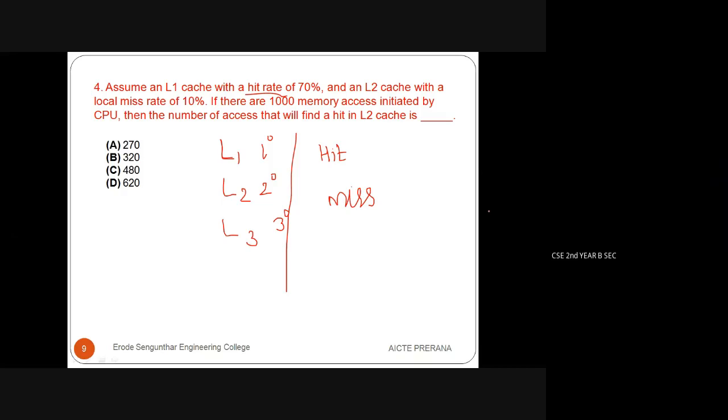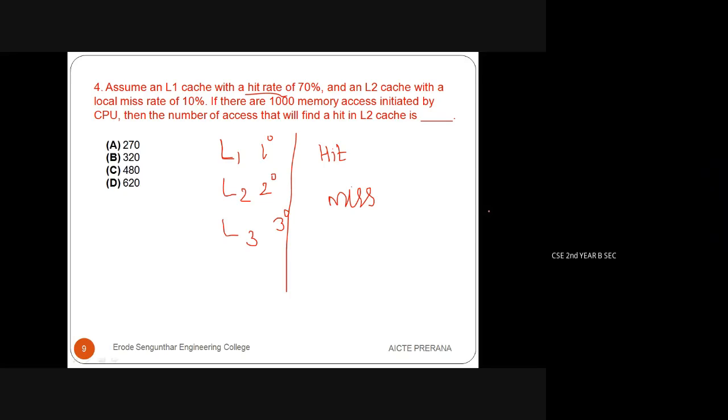Likewise the miss rate also. When the data is not available in the particular cache memory, then it is considered a miss. And the time taken to move the missing data into that particular location, to the cache memory, is called the miss rate.